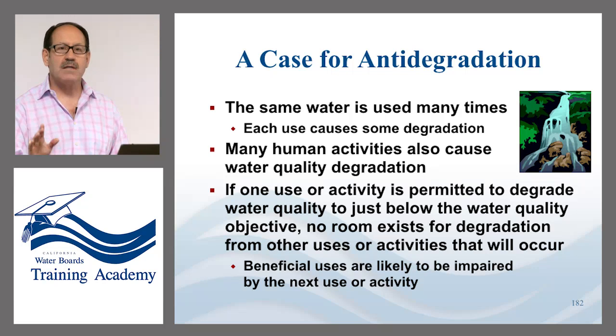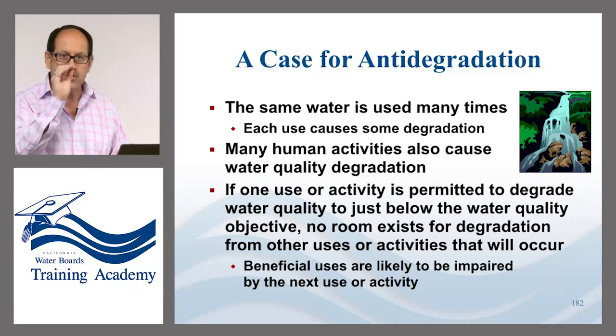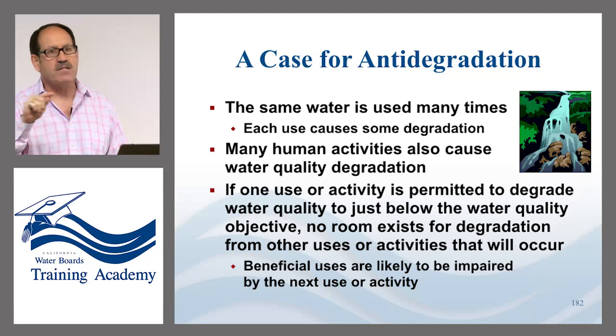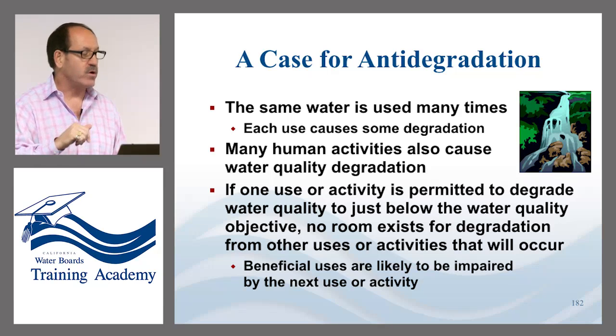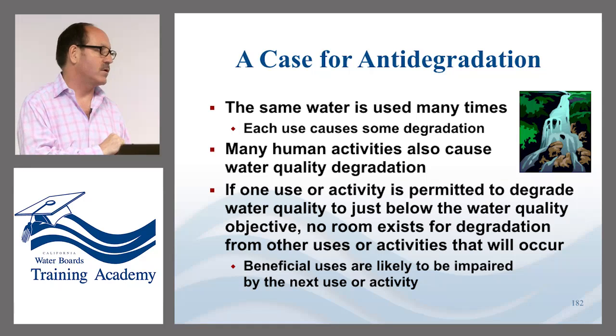If we were to allow a single activity or use to degrade the water quality to just below the water quality objective, there's no room for the degradation that's going to occur by the next use downstream, down gradient. We're going to have a problem eventually. That's one of the reasons why we need to have water better quality than our water quality objectives.